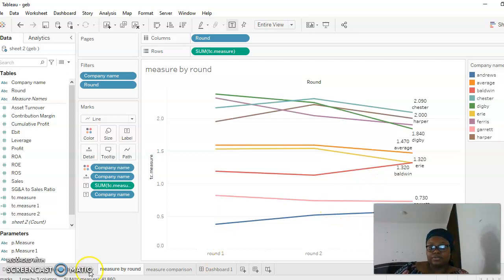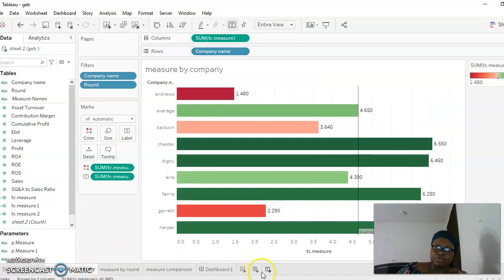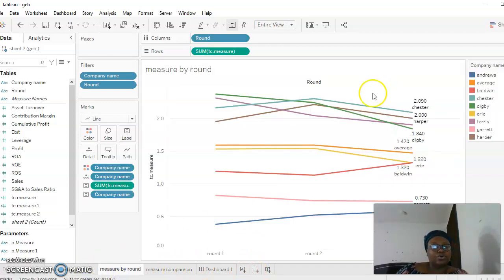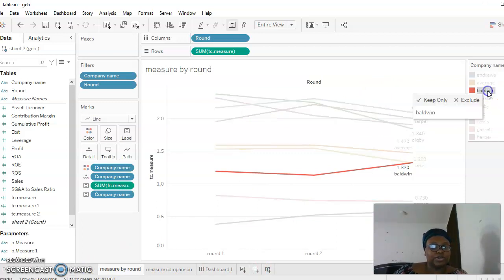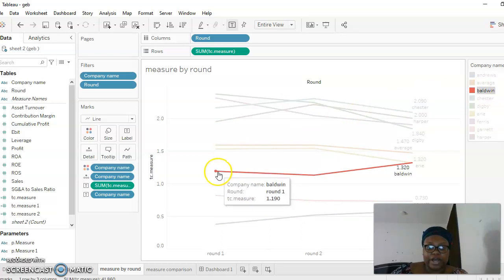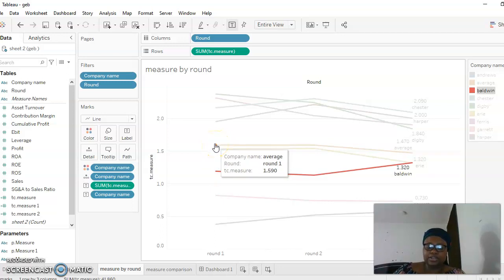The second least performing company was Baldwin. So we could click Baldwin right here, and we can see in the first round they were performing at 1.190, and the market average was 1.590.